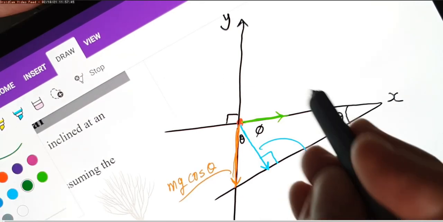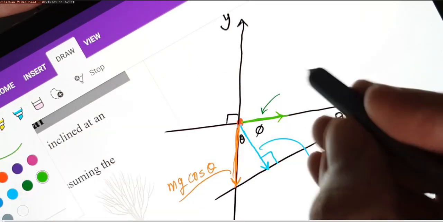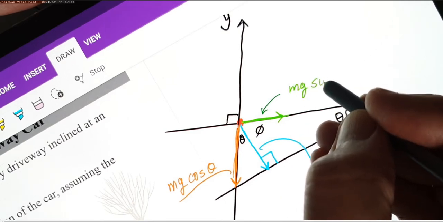And this component clearly mg sine theta.